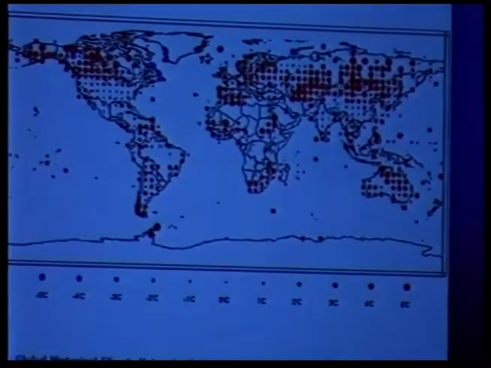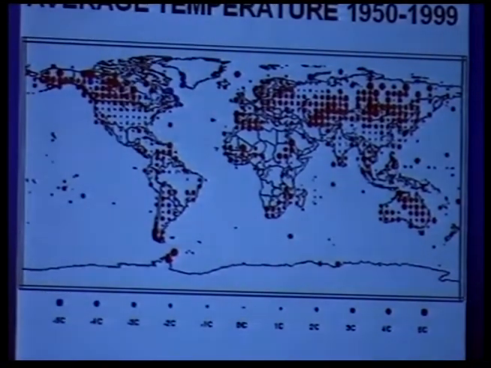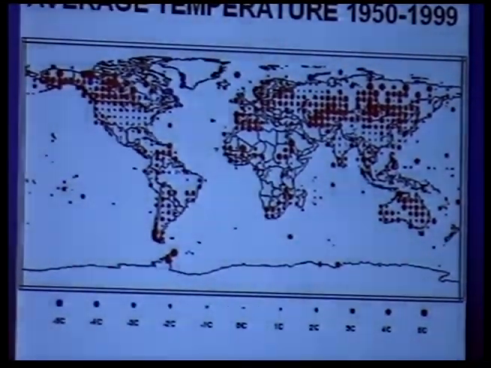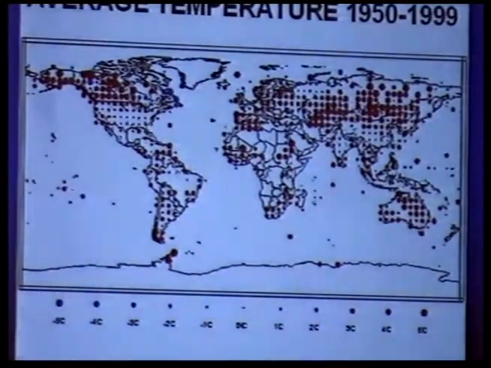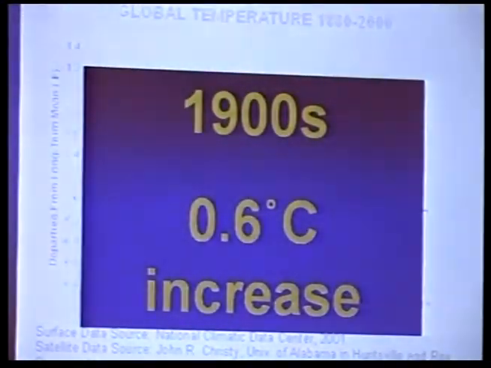The larger red spots indicate an increase of average temperature during the second half of the last century. And this is from 1880 to the year 2000. It's a steady increase. And during the last century, the average surface temperature increased by 0.6 degrees.